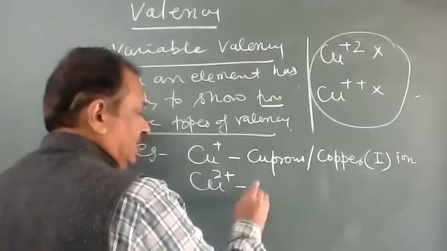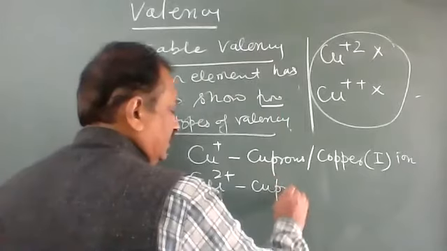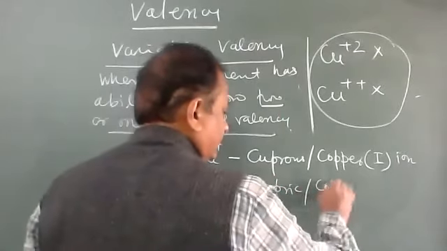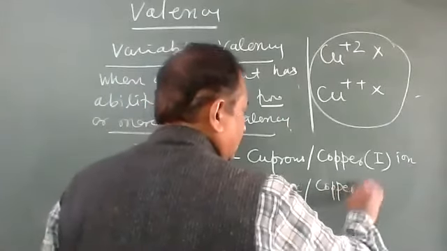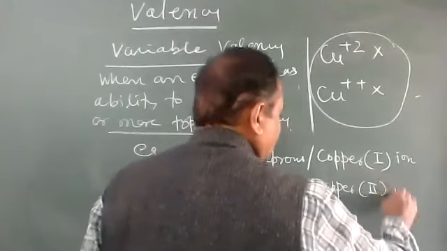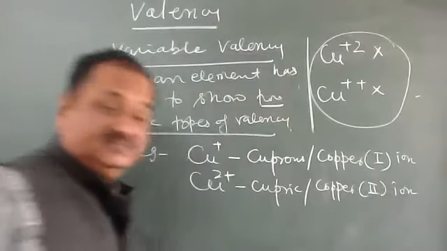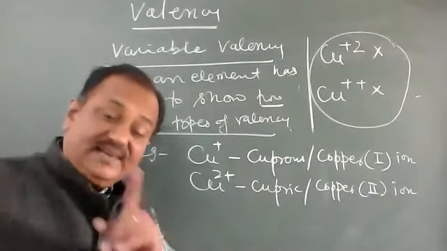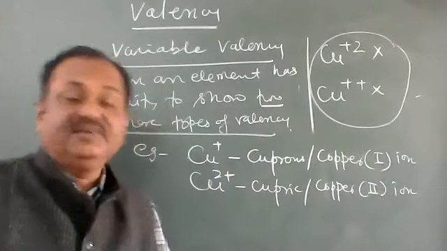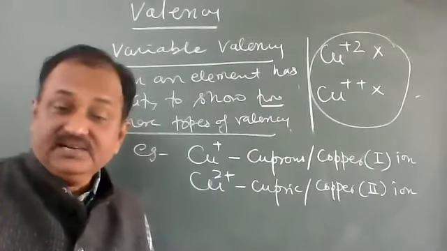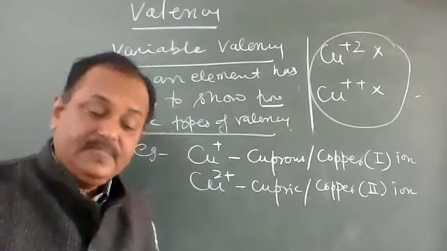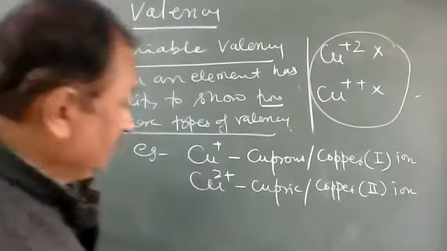This Cu2 plus is cupric, or copper second ion. So when any element has valency of two or more types, it is said to be variable valency.